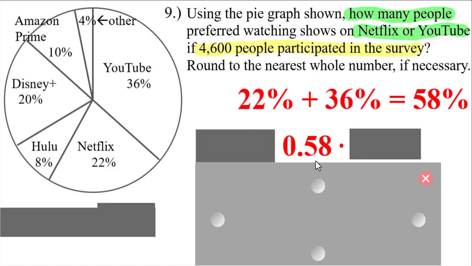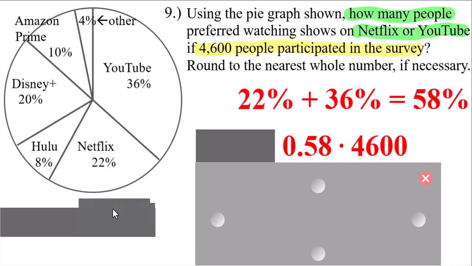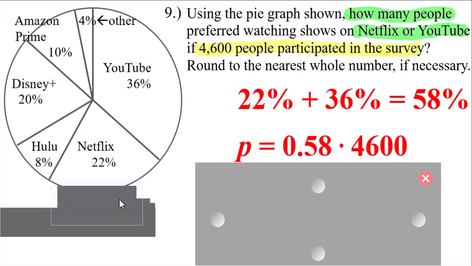So it's always the percent of the total or whole amount. So even though we don't have the of showing up in this word problem like we did on almost all the other problems, we can figure out the total or whole amount is the 4,600. So the part that is the people who are watching Netflix or YouTube, that's just the part. So that's your unknown. And I chose P for people. You could choose whatever letter you want, maybe N for Netflix, Y for YouTube. I don't care, whatever you want.